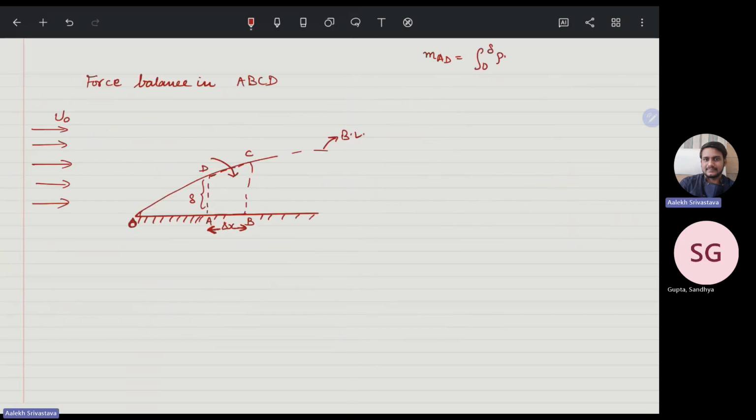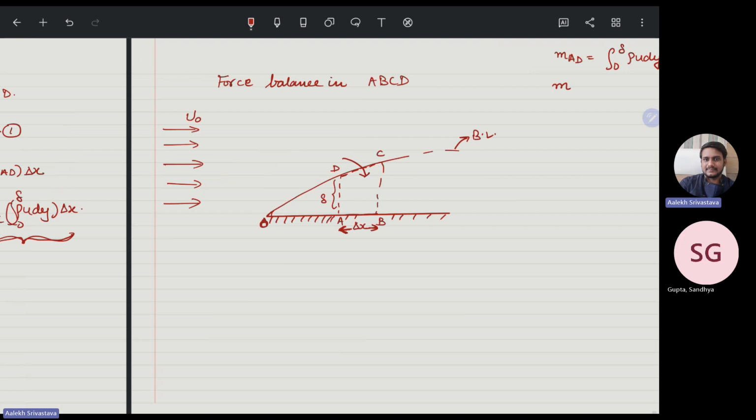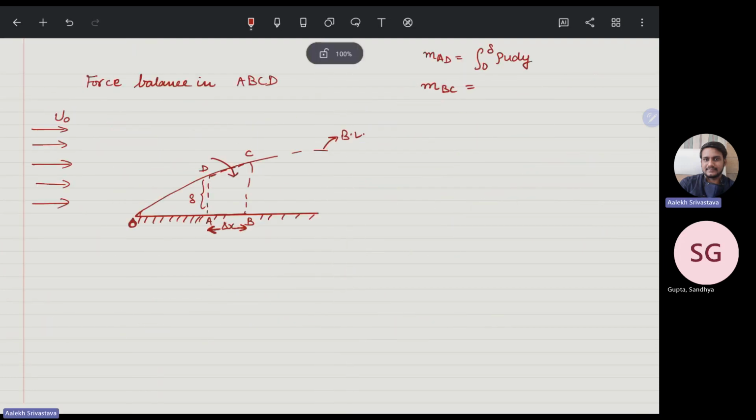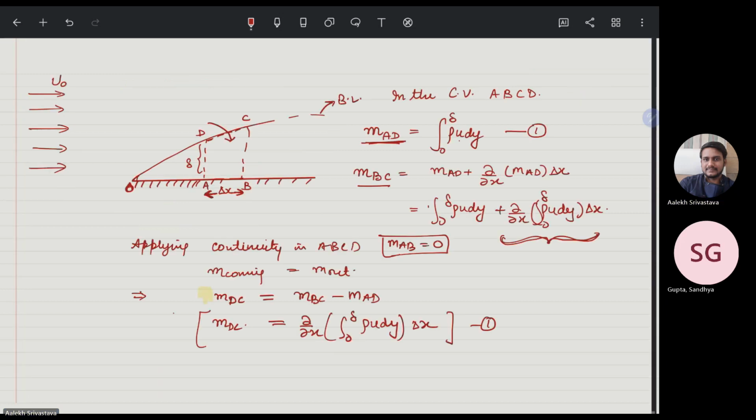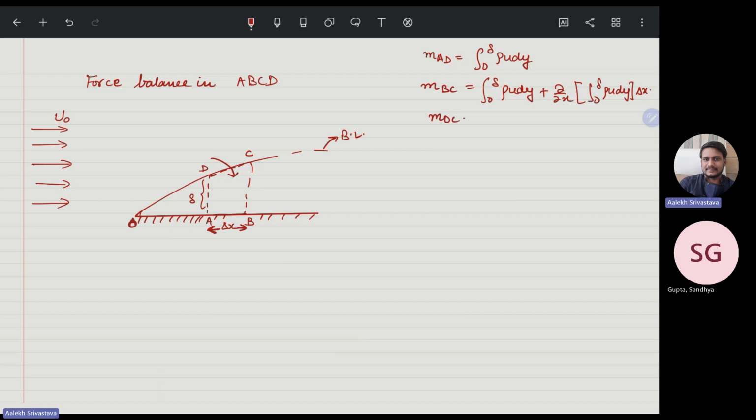Mass of BC is equal to the integral from 0 to δ of ρ u dy plus ∂/∂x of the integral from 0 to δ of ρ u dy Δx. Therefore, we also write the mass of BC as ∂/∂x of the integral from 0 to δ of ρ u dy Δx, and the mass of AB is equal to 0.